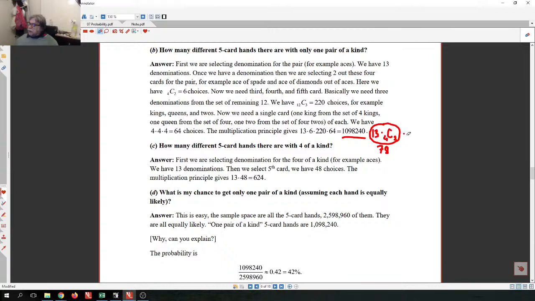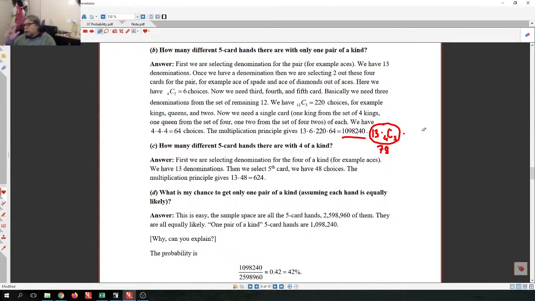And that's going to be, I'm going to select here 3 different denominations. So since I already have a pair of a kind, I have 12 remaining denominations in which I have to select 3. One for the third card, one for the fourth card, one for the fifth card. I cannot have any more pairs there, right?